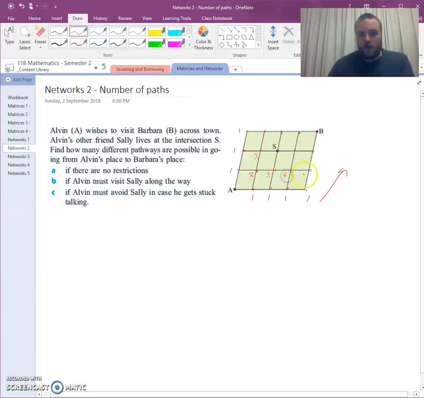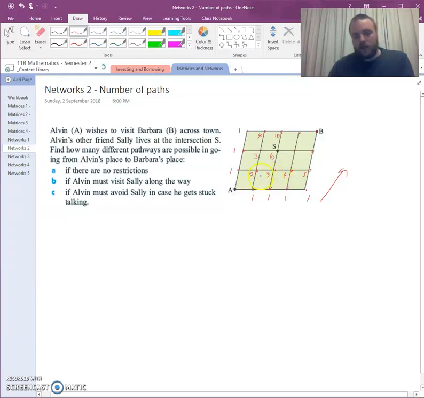So there's going to be 4 here and 5 here. Again, 4 paths to get here. Because there's 3 paths to get to this vertex and 3 paths to get to this vertex, there are 6 paths to get to this point. There's 6 paths to get there, 4 paths to get here, so there's 10 to get to this point.